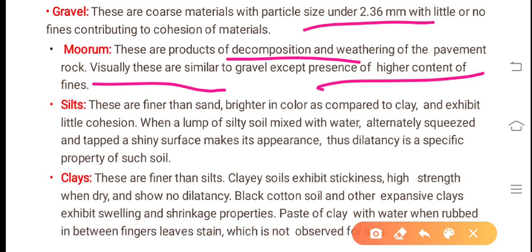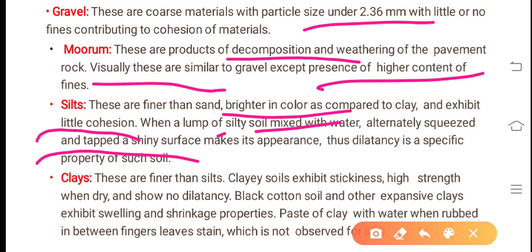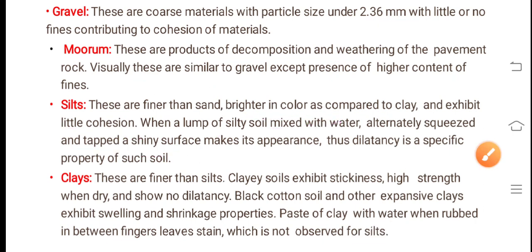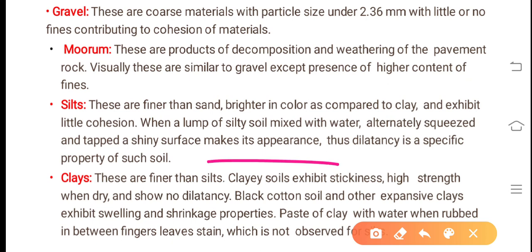Likewise, silts. These are finer than sand, brighter in color as compared to clay, and exhibit little cohesion. When a lump of silty soil mixed with water is alternately squeezed and tapped, a shiny surface makes its appearance. Thus, dilatancy is a specific property of silty soil.